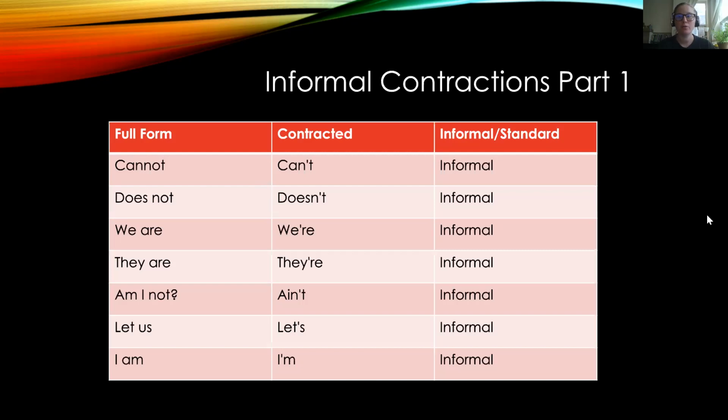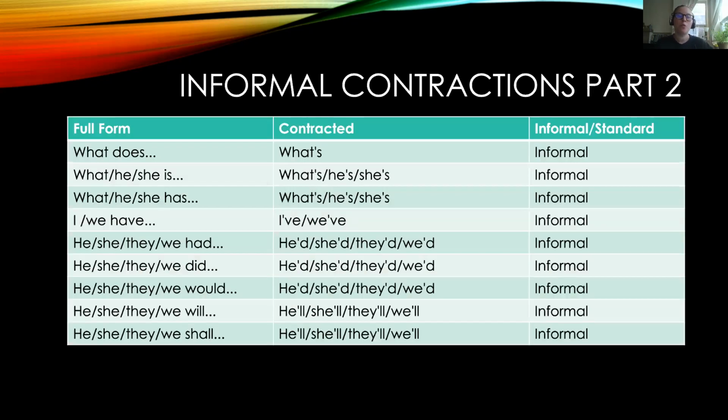I am going to post this PowerPoint onto Brightspace so you can reference this if you would like. We have more informal contractions, and this chart may be a little more because I have the different varieties that it can take.